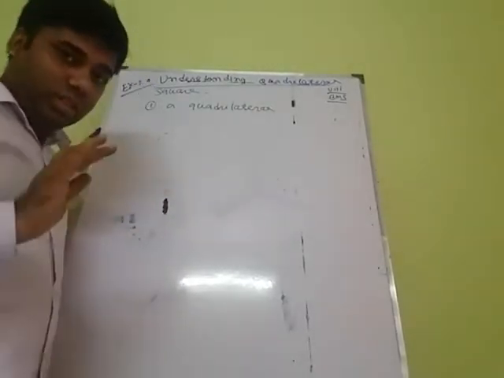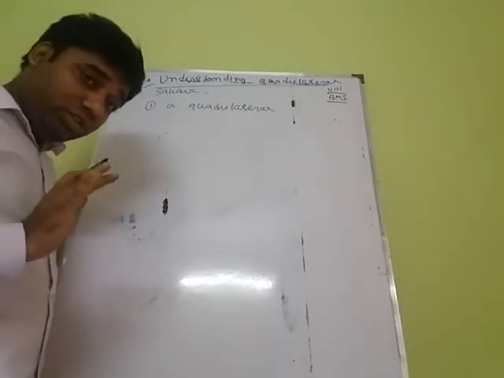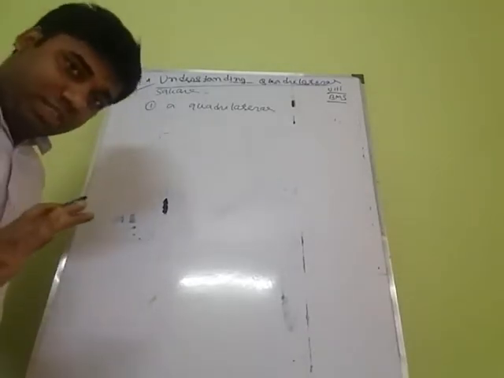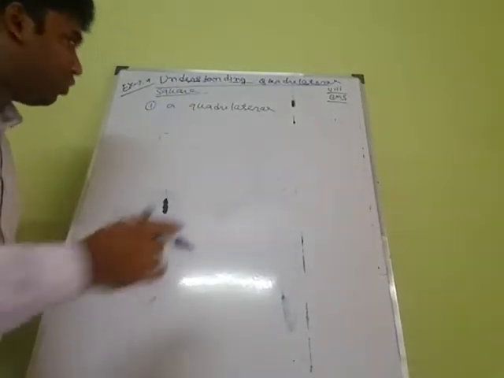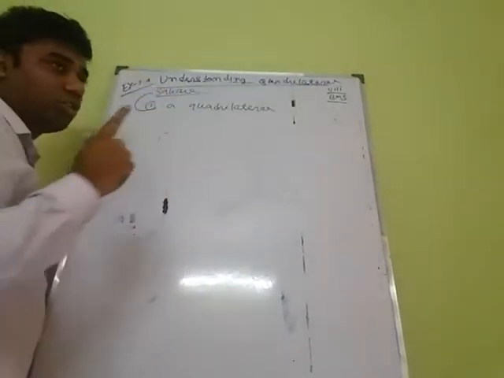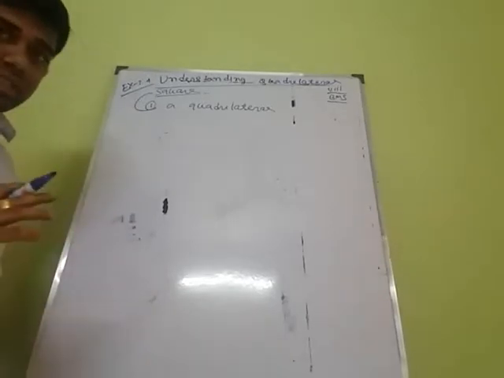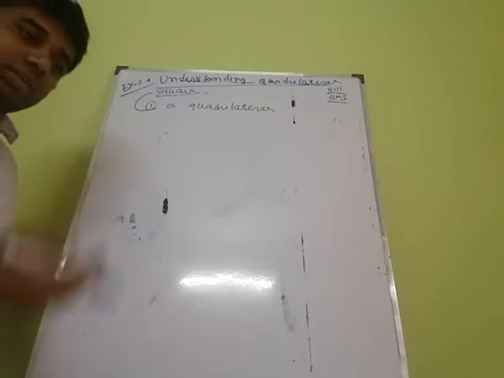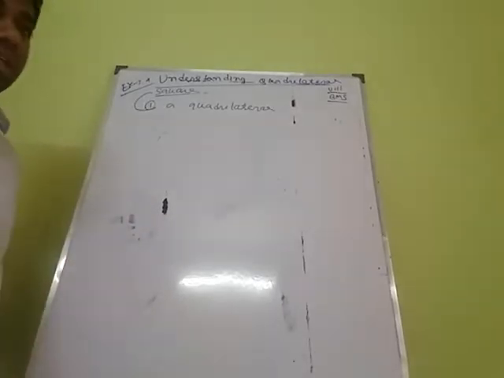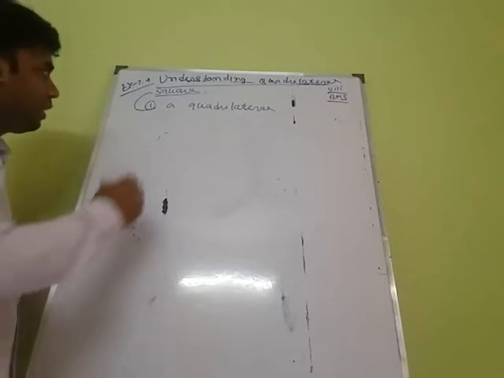A quadrilateral means a closed simple curve which has four sides. How many sides does a square have? Four sides. So as a square has four sides, that's why it's a quadrilateral. That is the property of a quadrilateral.